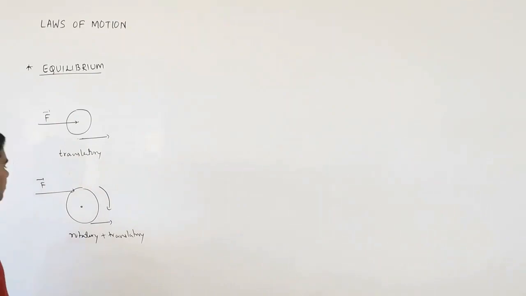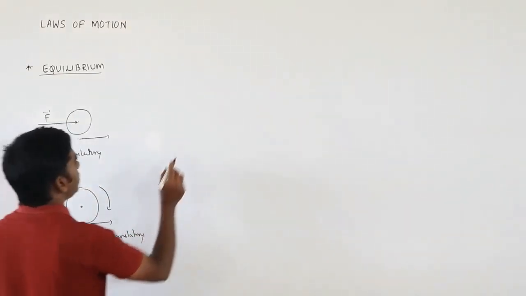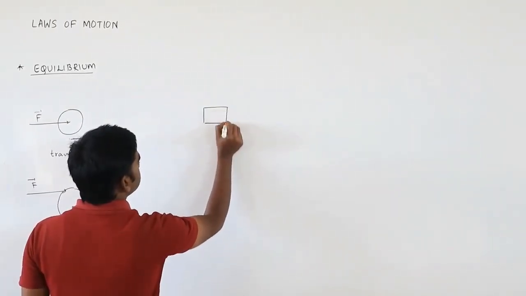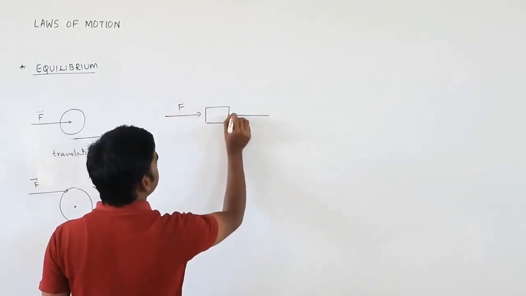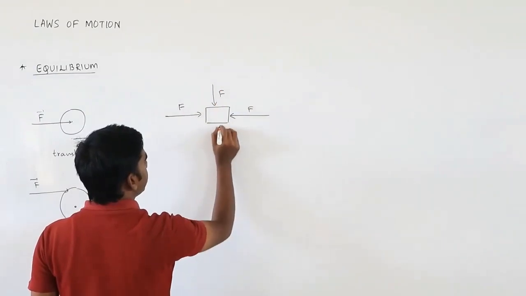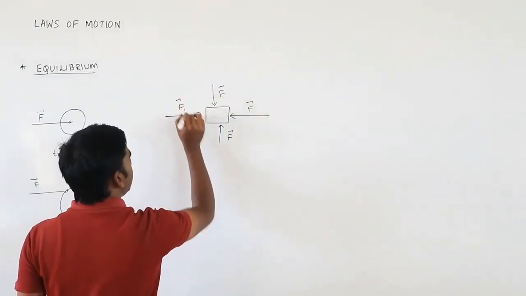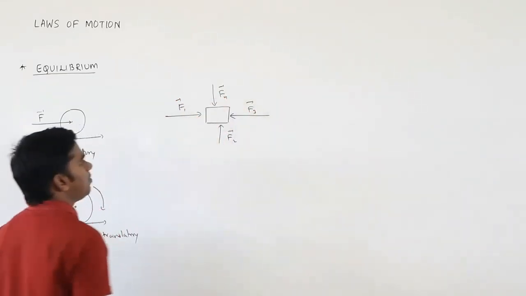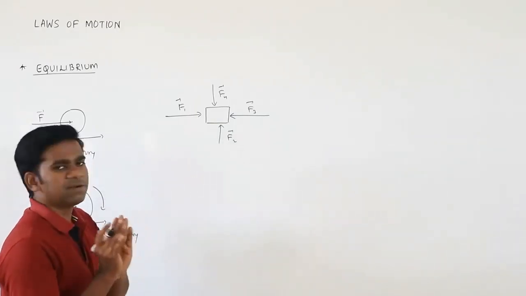If this is the case, instead of one or two forces, suppose so many forces are acting on the body, a force from this side, a force from this side, F1, F2, F3, F4. What will happen? The effect of all these forces may compensate.